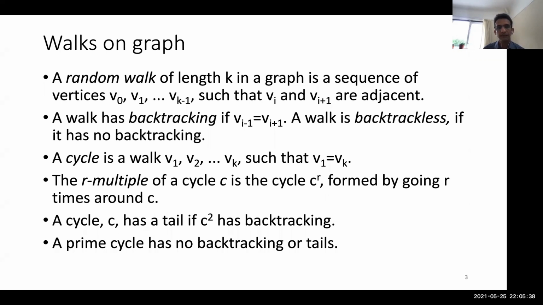A cycle is a walk whose first and last vertices are also connected. The R multiple of a cycle C is the cycle which is formed by going R times around the cycle C. We say that a cycle has a tail if C squared has backtracking, and a prime cycle is one that has no backtracking and no tails.